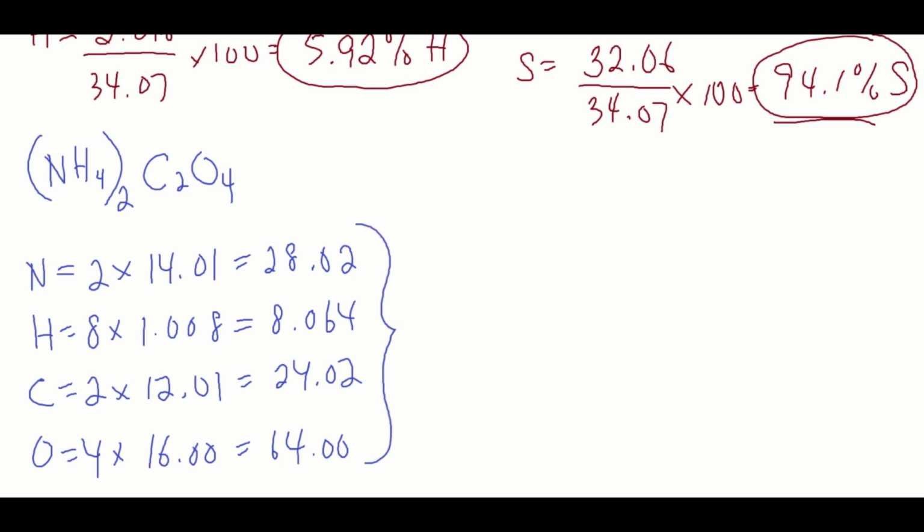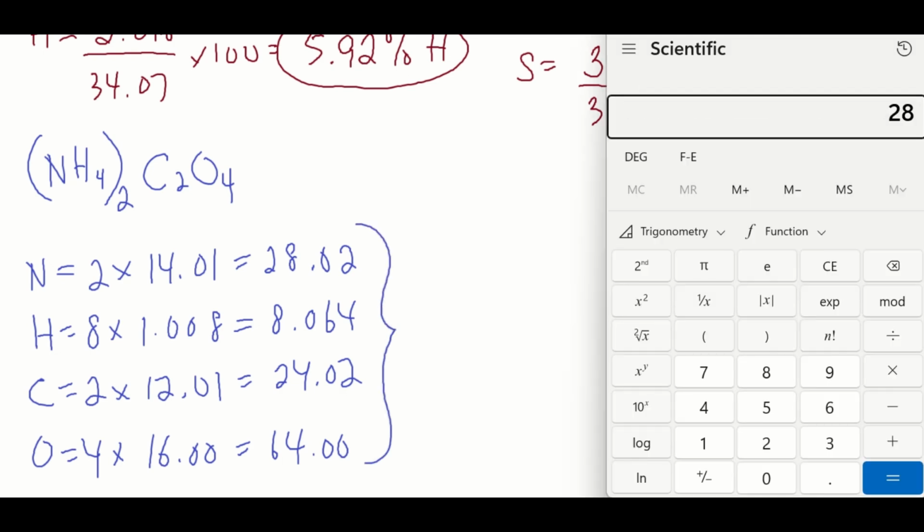All right, let's add these up. So the molar mass of ammonium oxalate is 124 grams per mole.